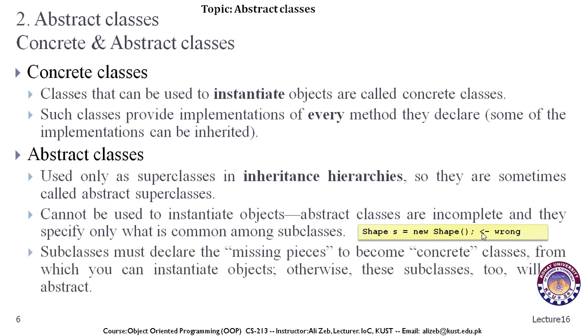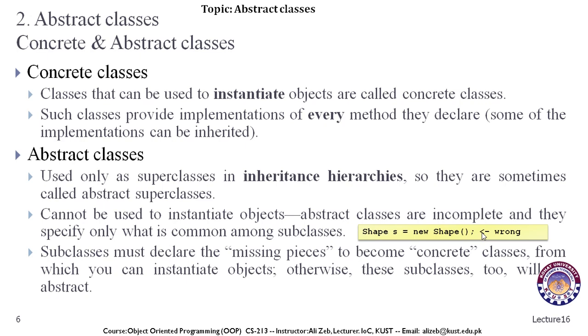Subclasses must declare the missing pieces to become concrete classes from which you can instantiate objects, otherwise these subclasses too will be abstract. So as we saw on the previous slide, the subclass must implement the abstract methods of the abstract superclass.